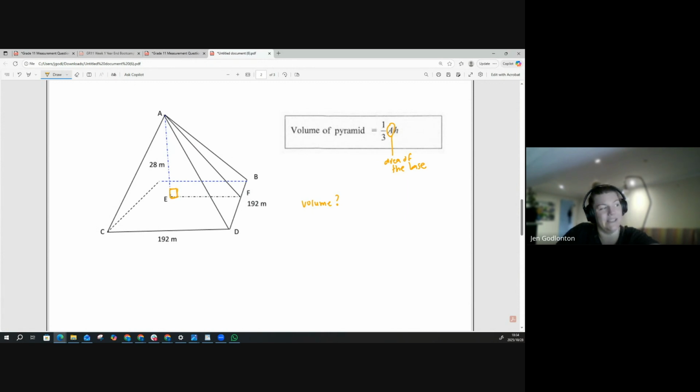It's our perpendicular height of our pyramid. It's going to be a big number, yes.